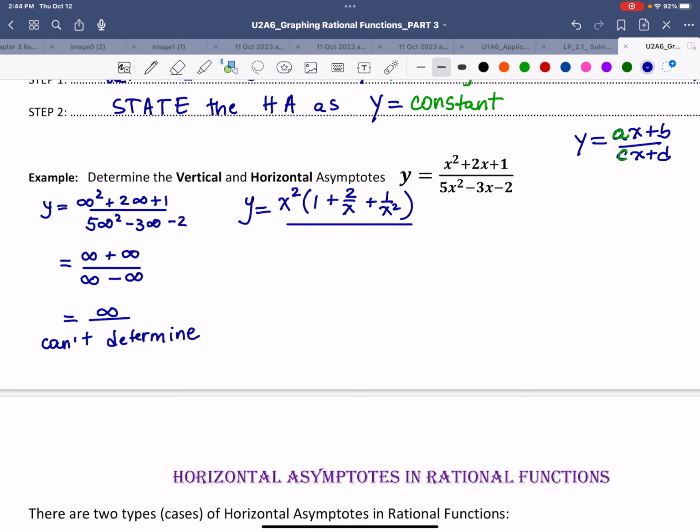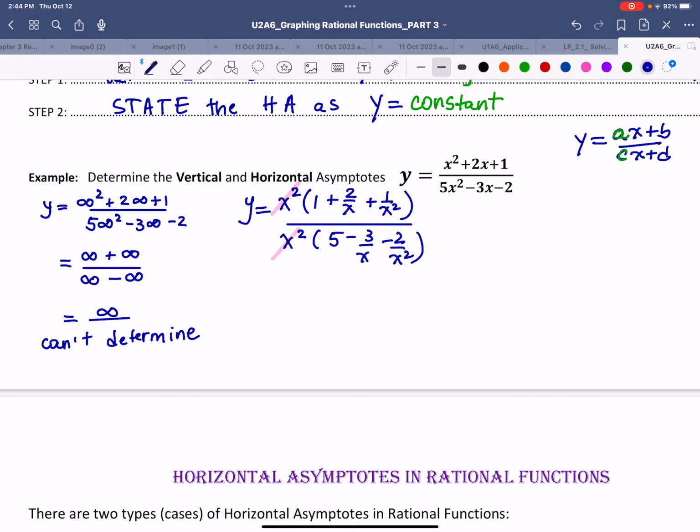Down in the denominator, we have again x squared as a common factor. That's the highest power. And then we have 5 minus 3 over x, and then minus 2 over x squared. As you can see, if you expand it here, we still get the same function that we had before. But now we're allowed to eliminate x squared.